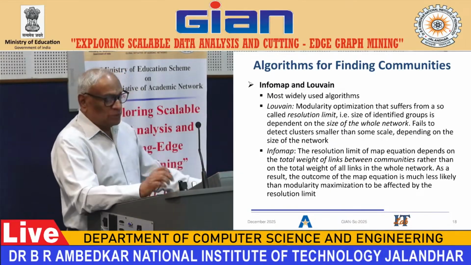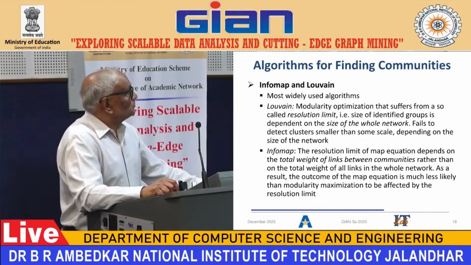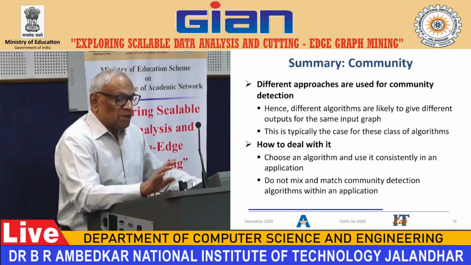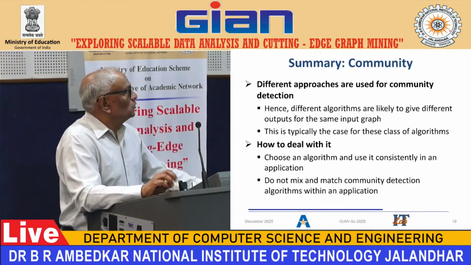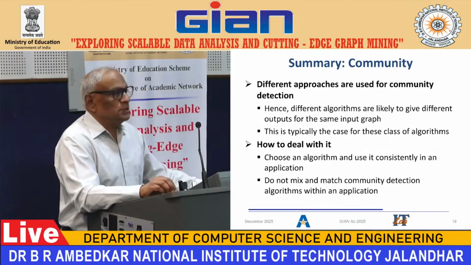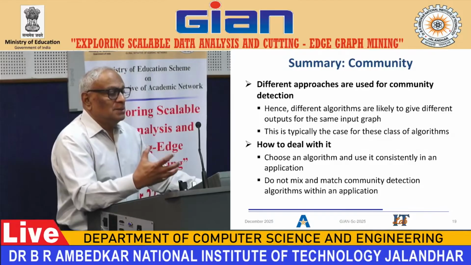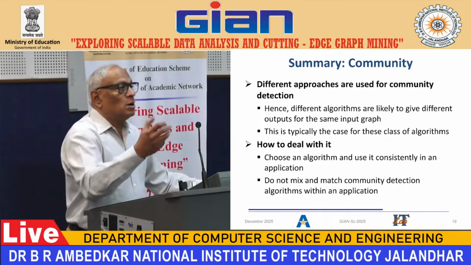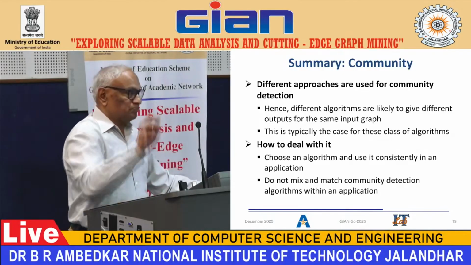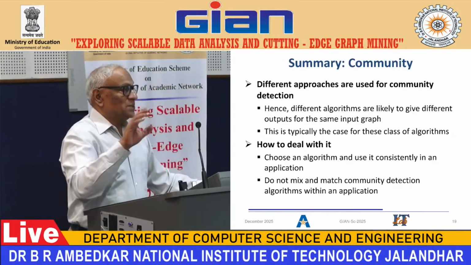I think to summarize, this is important to understand. Different algorithms and different approaches are used for community detection. They are not based on the same algorithm, but the end goal of all of these algorithms is the same, to detect a community.